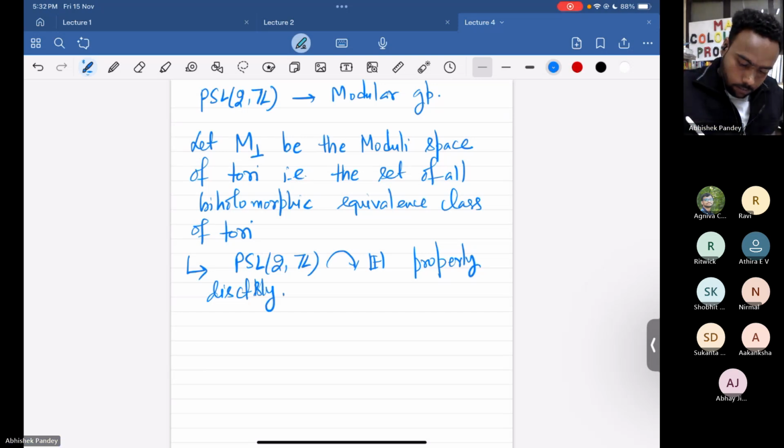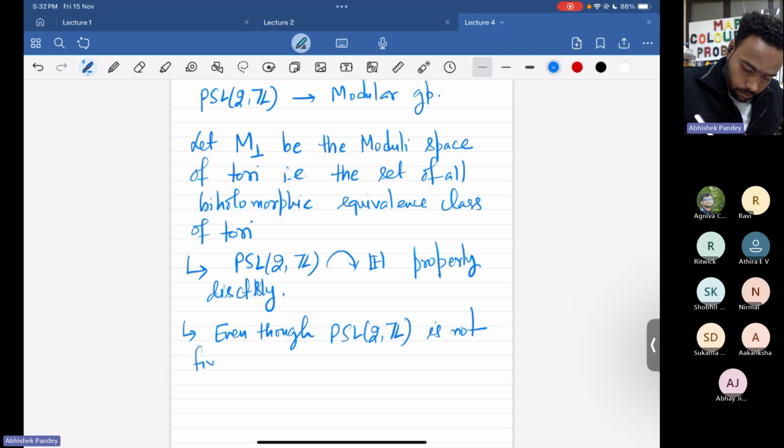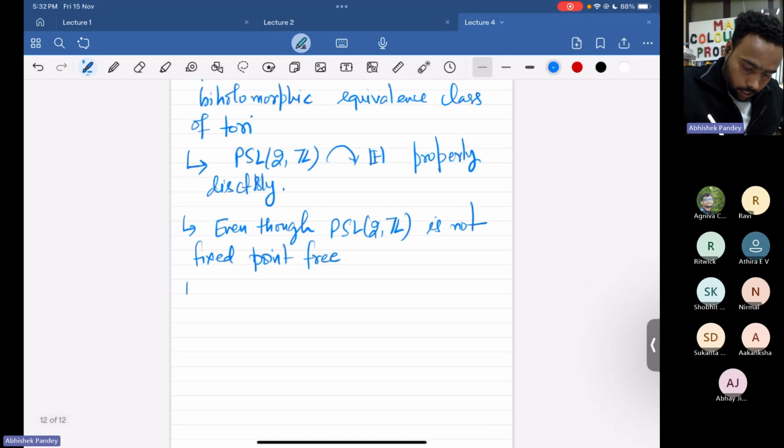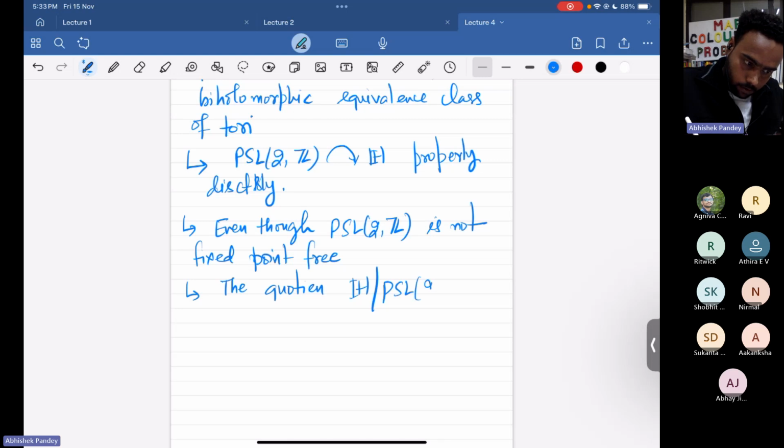Even though PSL2Z is not fixed point free, means this is not a free action, still, I think in my lecture 1 I have mentioned this point, that in such cases the quotient will again be a Riemann surface.